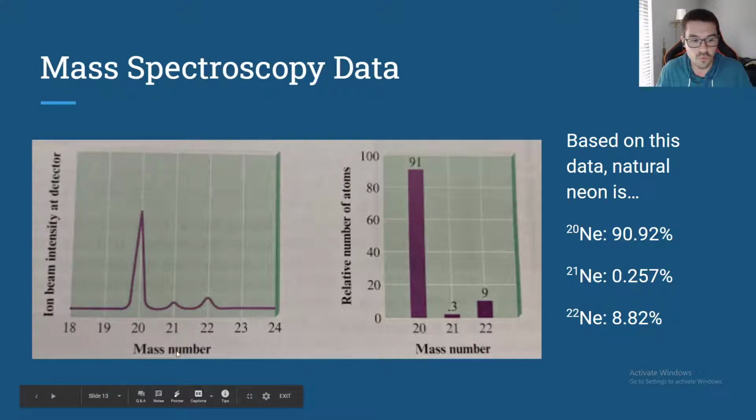Now, we're going to work with data like this and data like this in the problem-solving version of this video to learn how to calculate the average atomic mass for neon. One last thing that I'll say before I finish up is that using this data, you can come up with a bar graph.